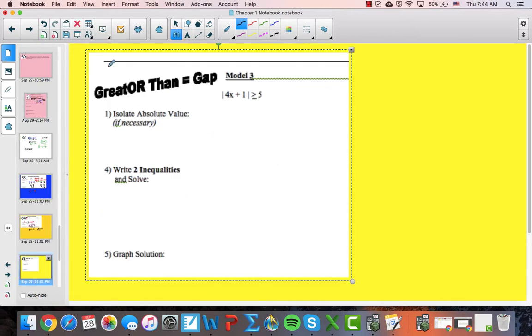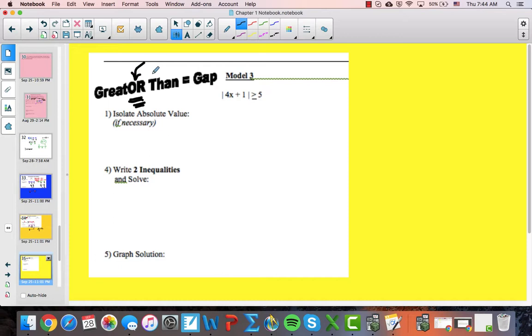Now let's look at greater than, okay? Absolute value greater than, we solve them like our or compound inequalities. So first, again, we isolate the bars. The absolute value of 4x plus 1 is greater than 5. So we are going to write 2 compound inequalities using the word or.